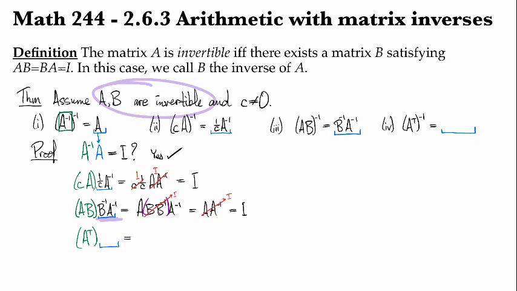And then for the last one, the answer is A inverse transpose. We're given that the inverse of A exists, and you can always transpose a matrix. So let's see. We've got A transpose times A inverse transpose.